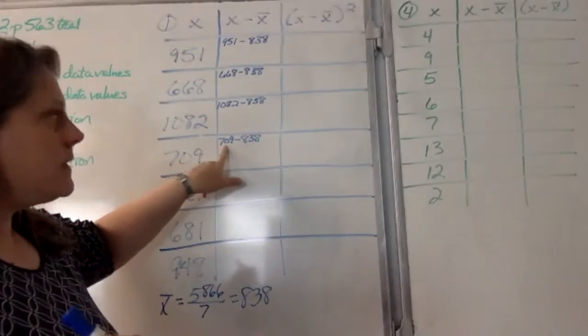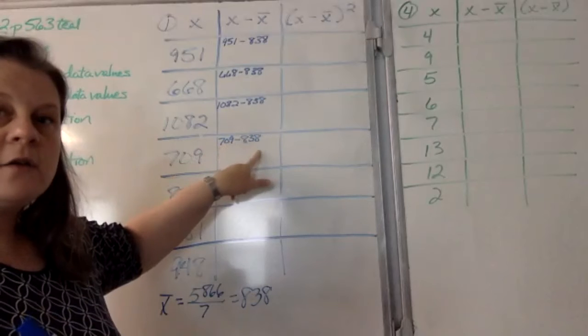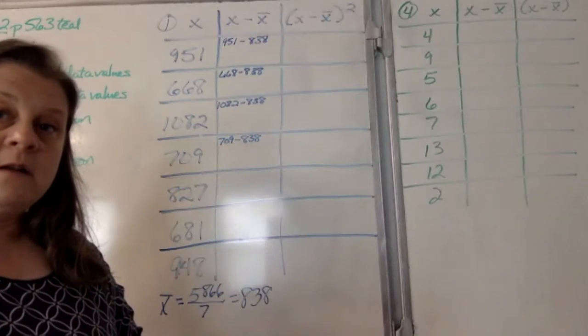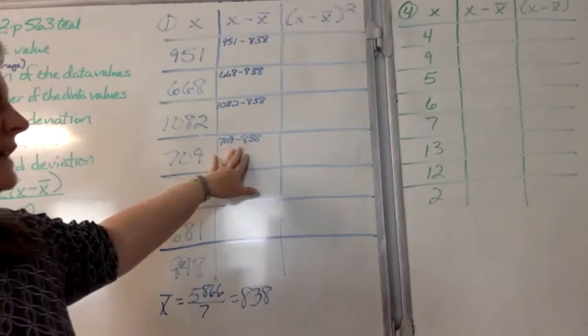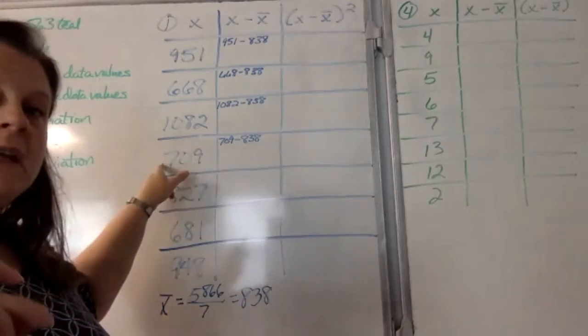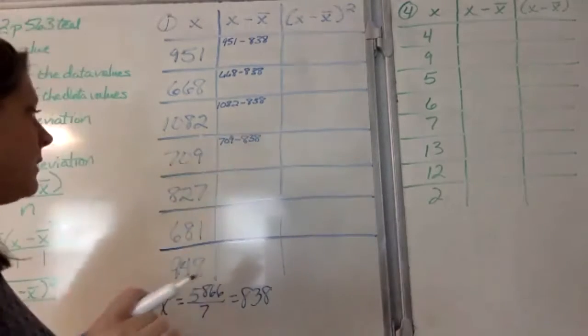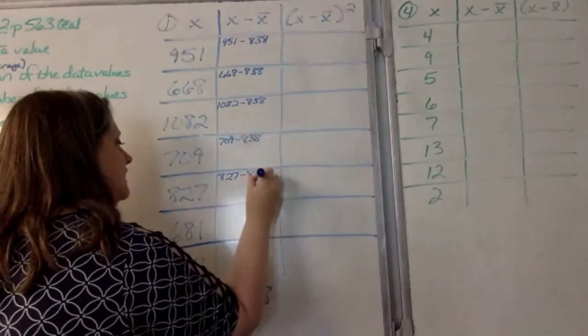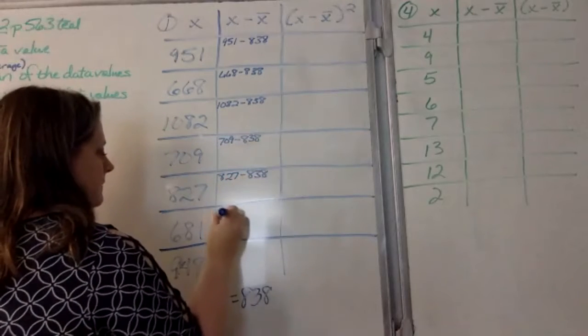The x value always goes first, the mean value goes second. Okay, so you can get negative numbers on here. We're trying to find how far each data value is from our mean, from our average. So you're going to take each one of those and subtract it from the 838.